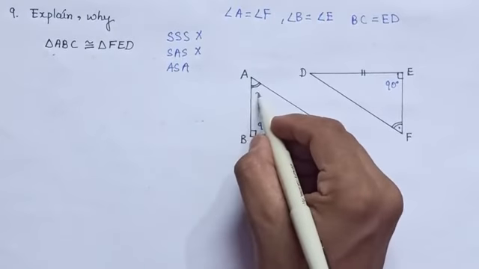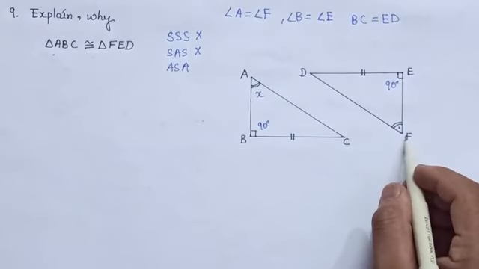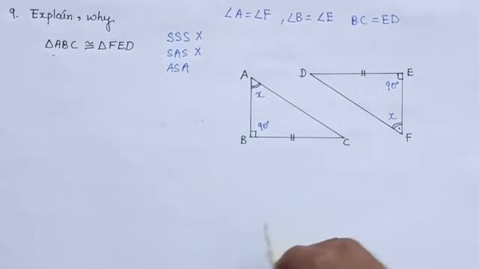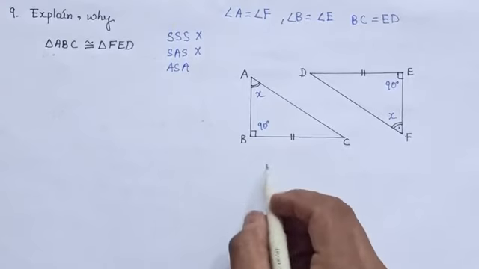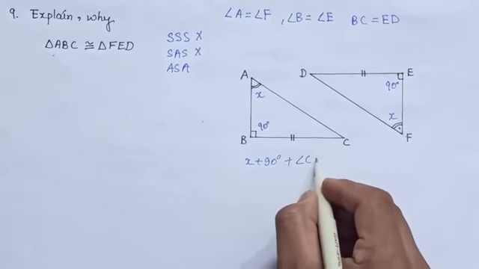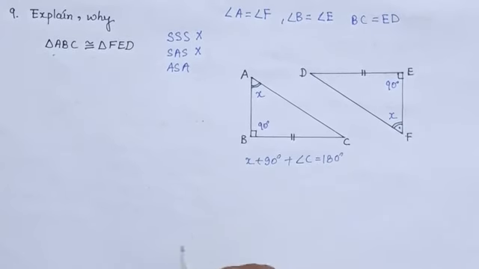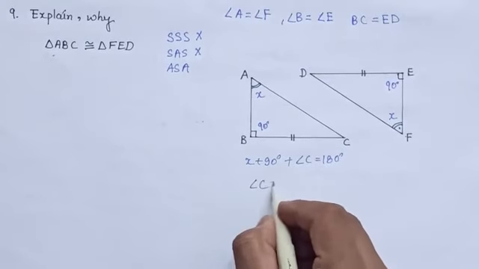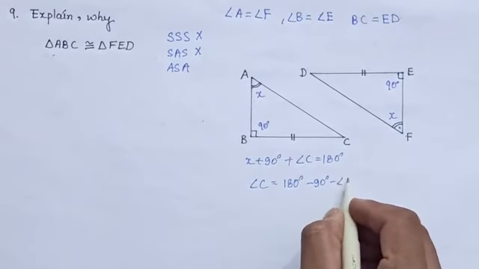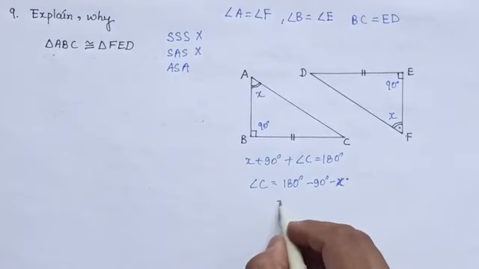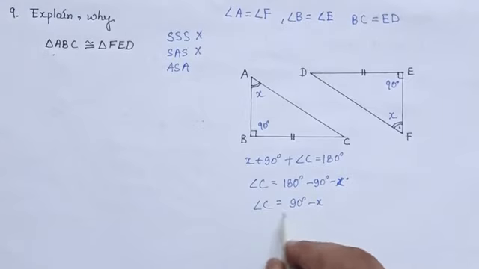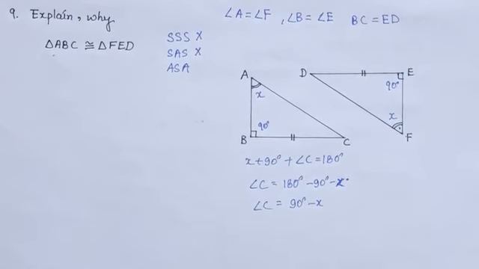If angle A measures X, then angle F, which is equal to A, also will measure X. Now in this triangle we can write X plus 90 degrees plus angle C equals 180 degrees by angle sum property. Or we can say angle C is equal to 180 degrees minus 90 degrees minus X, which is equal to 90 degrees minus X. So we have the value of angle C, 90 degrees minus X.